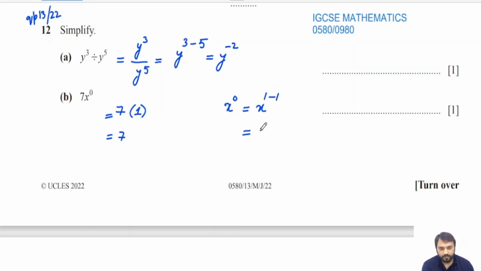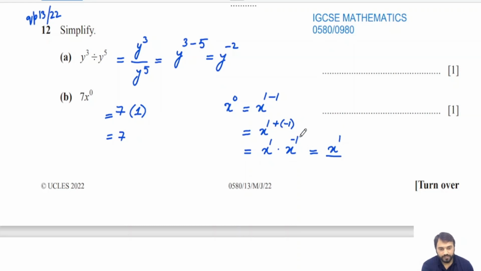After that, we can just split it as 1 plus minus 1 like this, and the next step will be: if we have same bases, we add the powers, and we are going to reverse it. That is, we are going to write two bases here. When you apply the index rule, you will get again this x raised to power 1 plus minus 1.